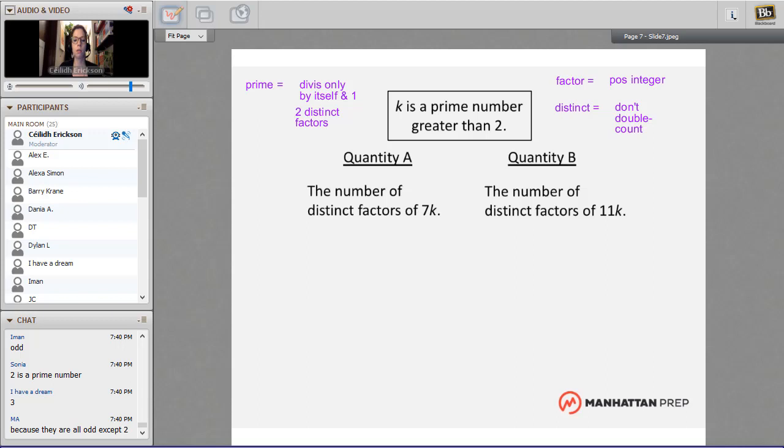So then, when we're looking at these quantities, let's test values. Is zero, one, and fractions relevant here? Well, for K, it's prime, so 0 doesn't fit, 1 doesn't fit.